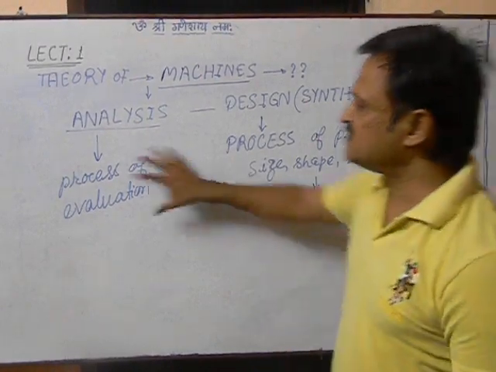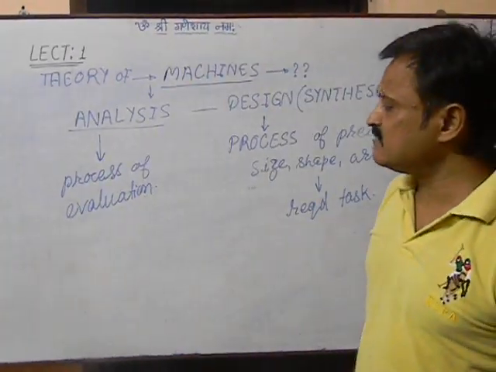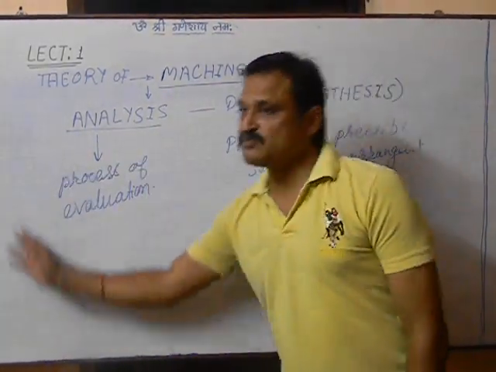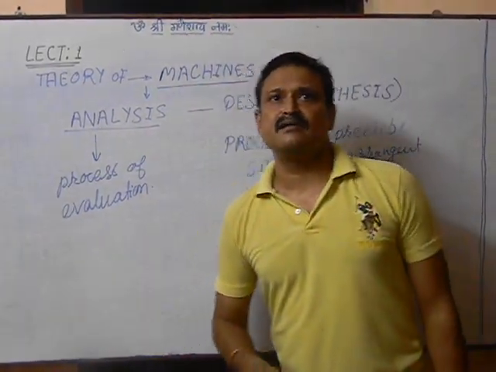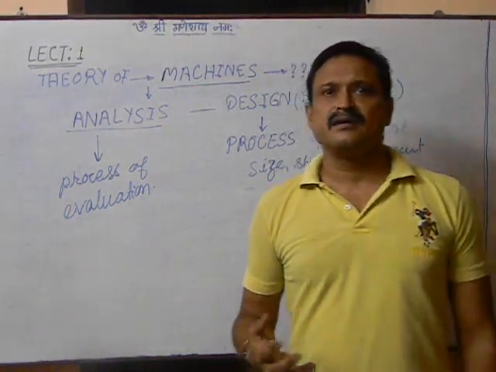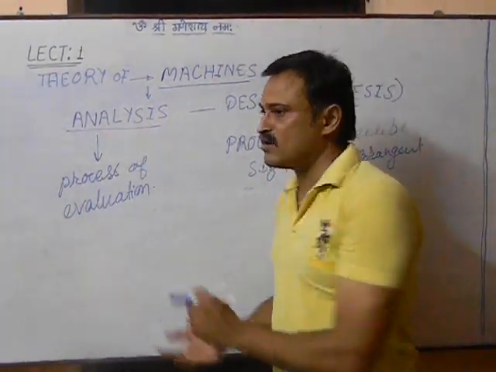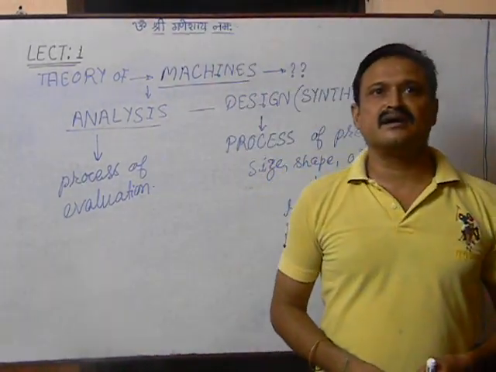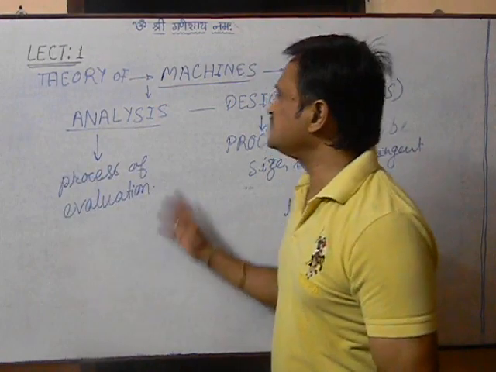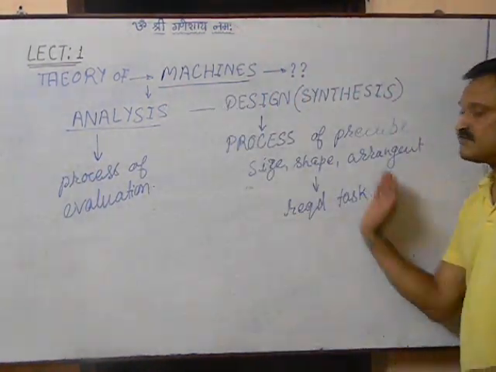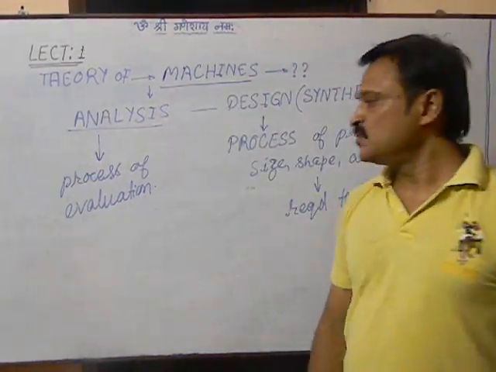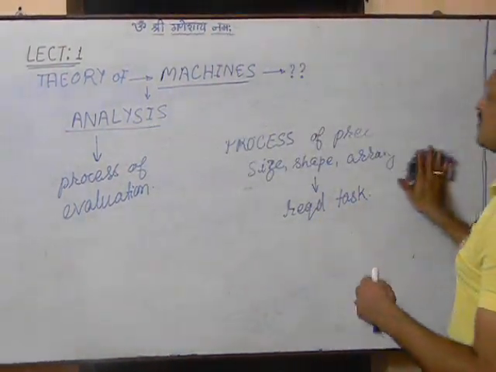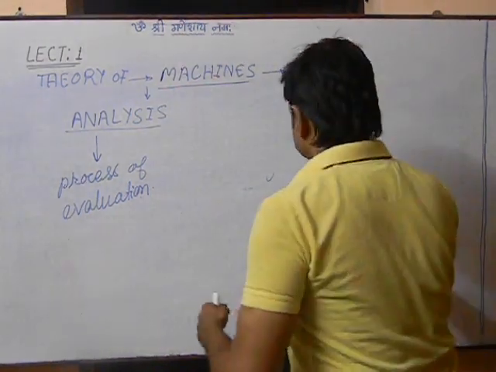The process by which I am evaluating is called analysis. In this process various scientific methods are involved, wherein I am able to find the interacting alternatives to achieve the required level of task which I want to achieve. Fine. So that is how we can move further with this.